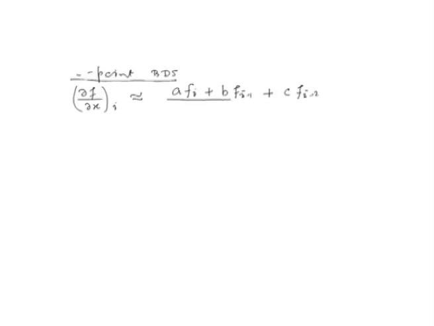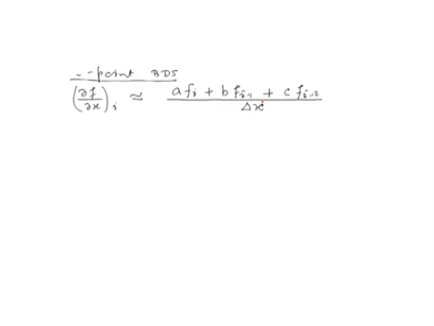So, 3-point BDS. We had written del f over del x at I as approximately equal to a f I plus b f I minus 1 plus c f I minus 2, divided by delta x.